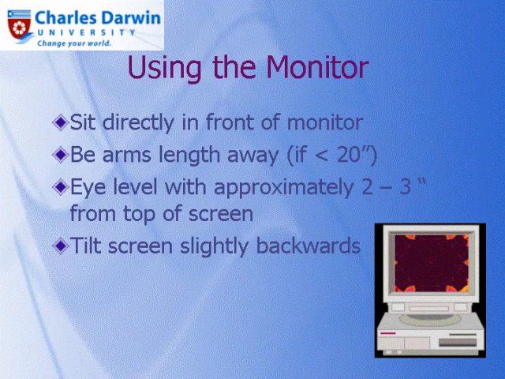With the monitor, sit directly in front of it, an arm's length away, with your eye level 2 to 3 inches, or 50 to 75 millimeters, below the top of the screen, so you should be looking predominantly at the upper part of the screen. Tilt it slightly backwards so that the bottom is slightly towards you.